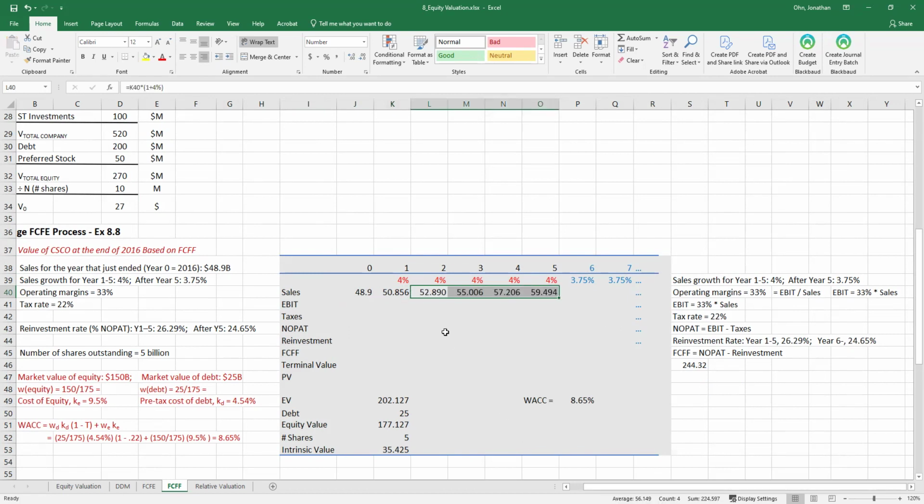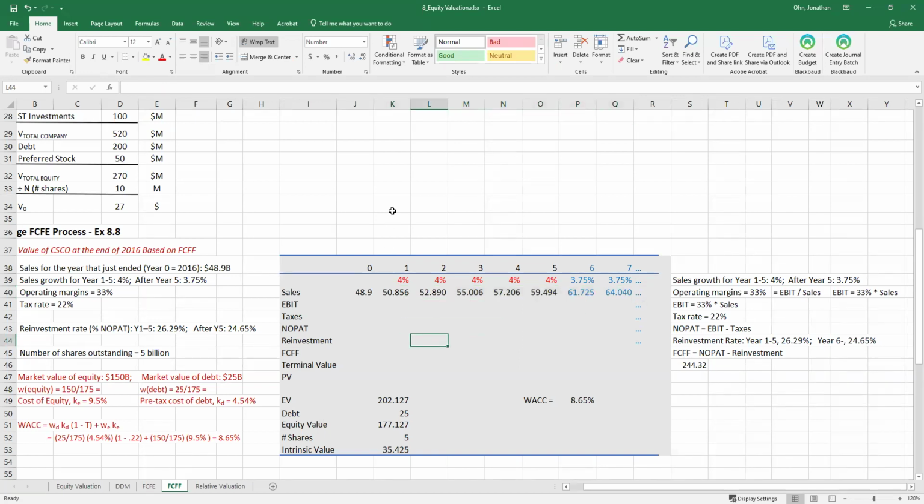So these are the sales projections for the first 5 years. And after that, it will grow at 3.75%, and the same thing for the following years. So that is our sales projection.